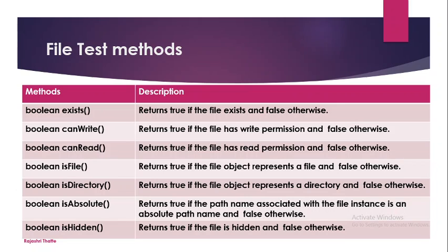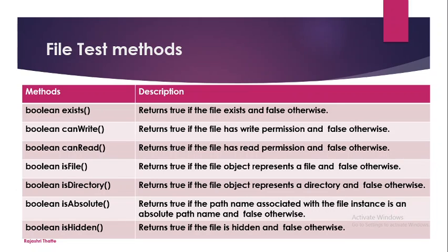File test methods. Sometimes we need to test or get some information about our files. The word test is important. If we are doing some test, we will get two possible results: yes or no, true or false.